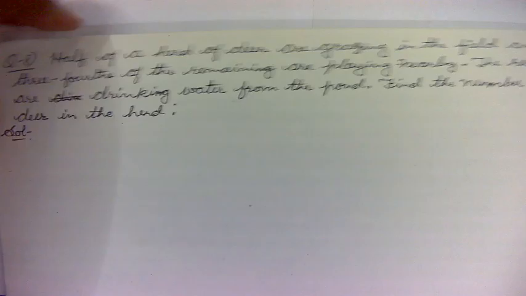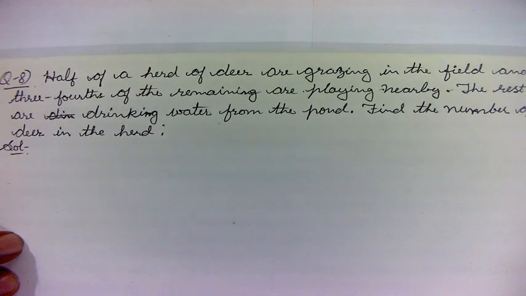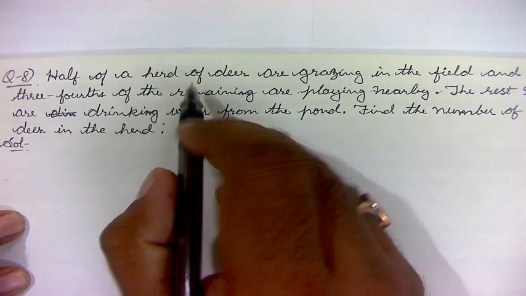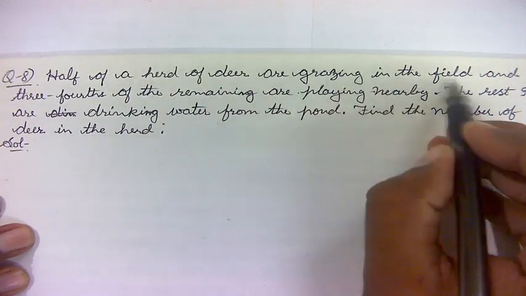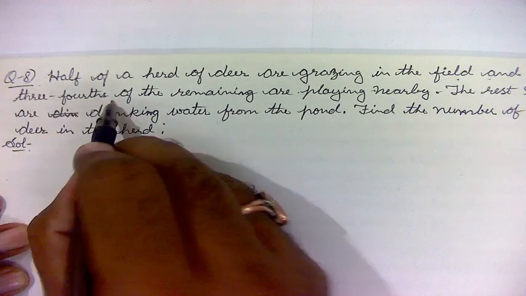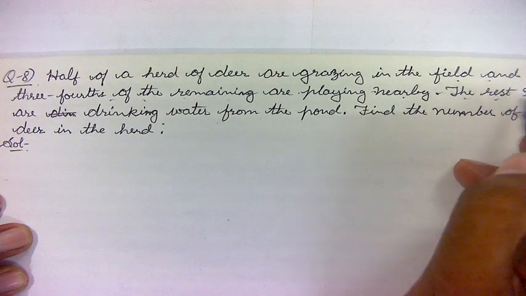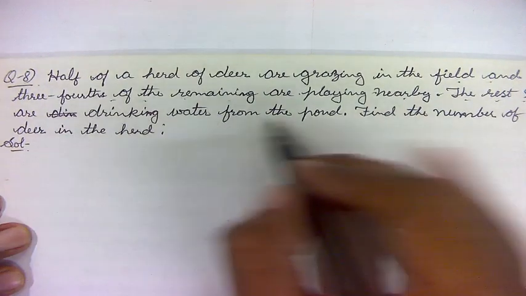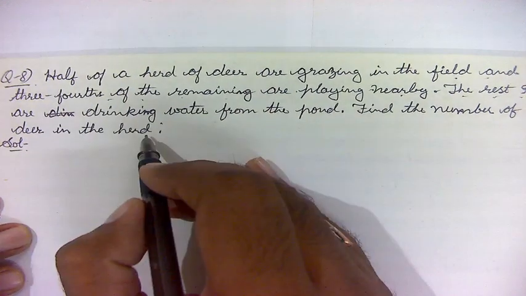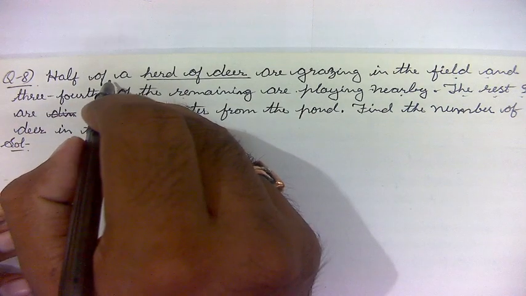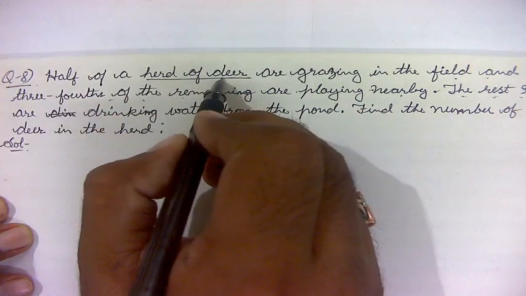Now let's move towards the next question. Question number 8 says: half of a herd of deer are grazing in the field and 3/4 of the remaining are playing nearby. The rest, 9, are drinking water from the pond. Find the number of deer in the herd. A herd of deer means a group of deer.